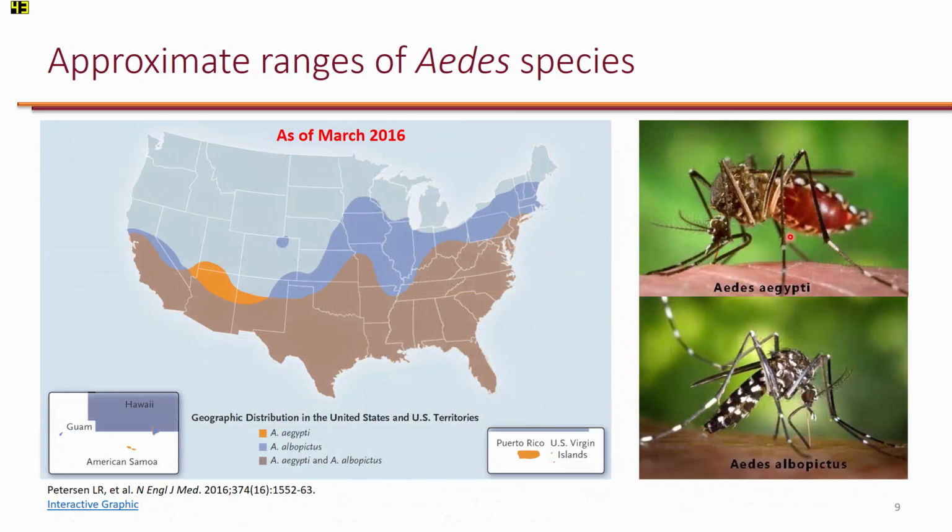Now, here are the two most common Aedes species of mosquitoes. In the United States, you can see that these mosquitoes are common in the southern regions of the country. Florida is most commonly known as the Zika zone, as well as Texas and southern regions of California.